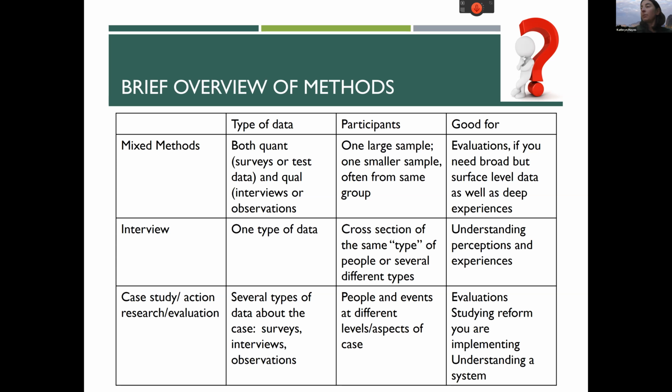So evaluating a program, a class, anything like that. They're good for studying reforms you are implementing. Action research is a great way to study a reform that you would like to try out. And since I know you are all doing amazing work, you could do something like that. And they're also good for understanding different bounded entities as a system. So if you really are interested in researching and understanding systems, case study is a good way to do it.